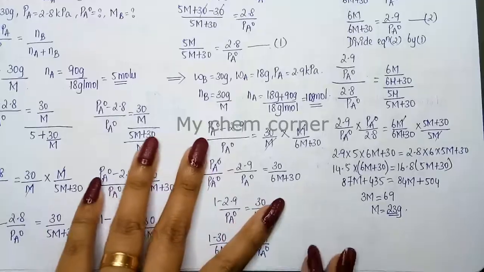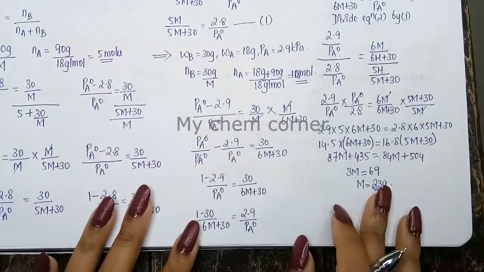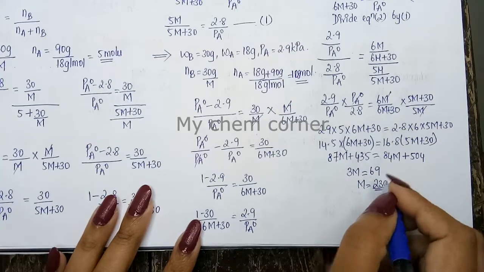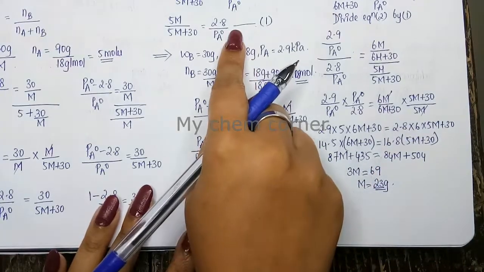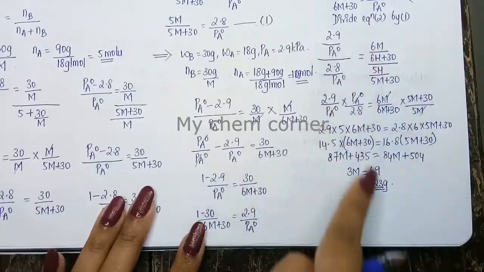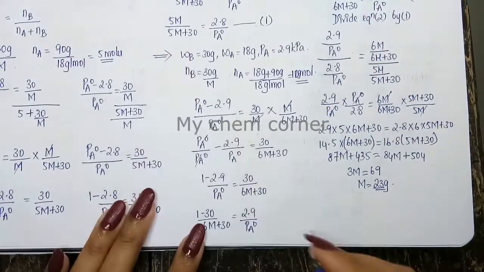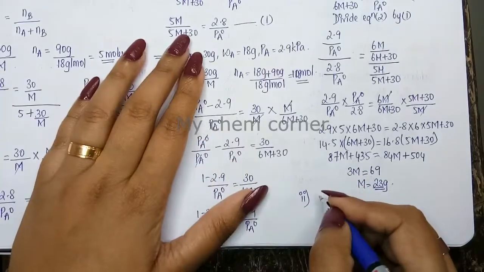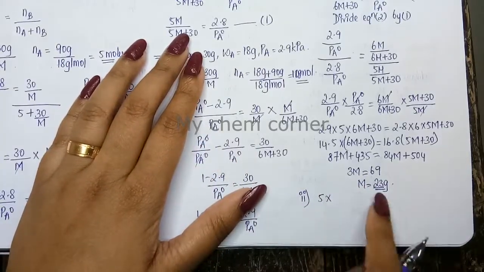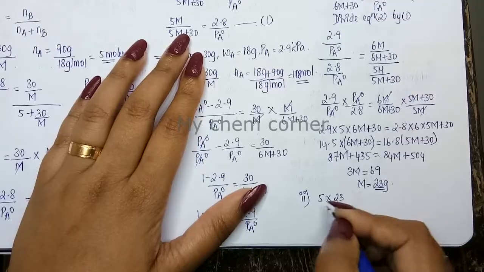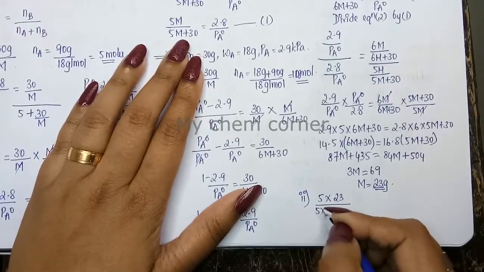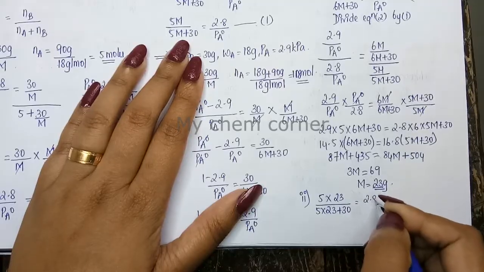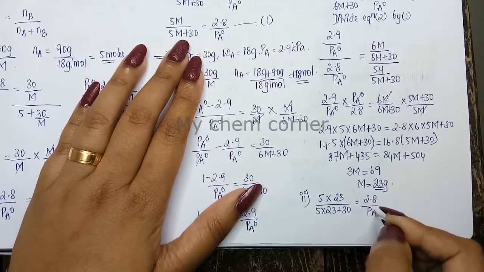Now after this, since you have to find out the vapor pressure of water, all that you will do is substitute this value in either equation number 1 or equation number 2. I'm just going to substitute this value in equation number 1. That is answering the second question. So that is going to be 5 into M, where M is 23, divided by 5 into 23 plus 30, which is equal to 2.8 by PA naught.